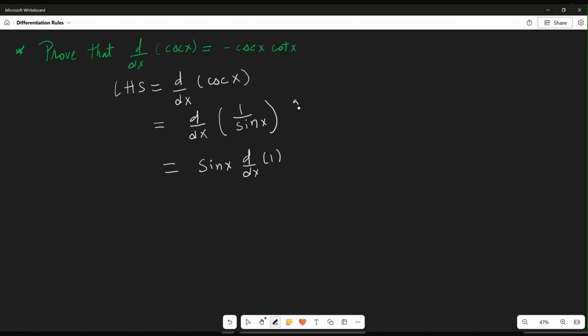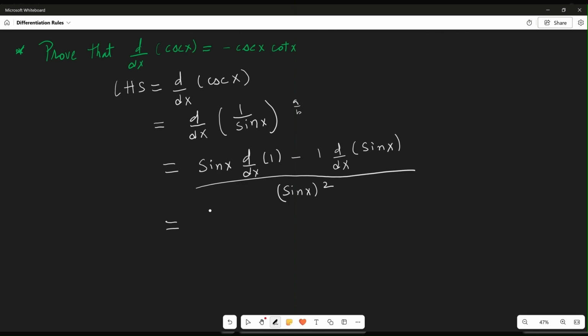This is a over b form, right? Quotient rule, minus a times, which is 1, the derivative of b, which is sin x, divided by b square, which is sine of x square.